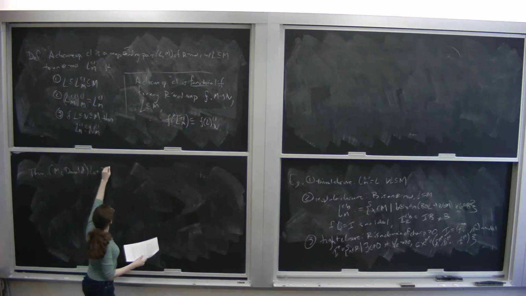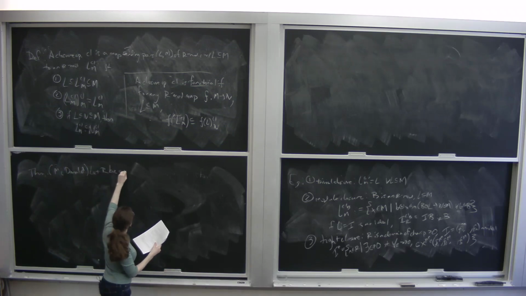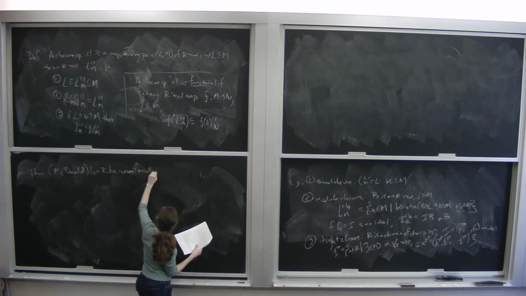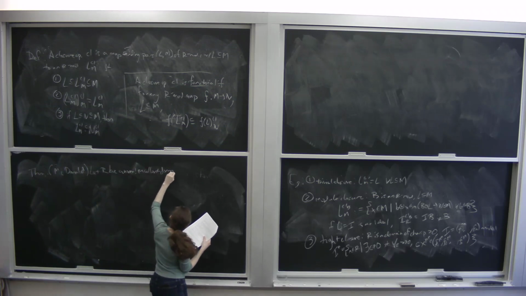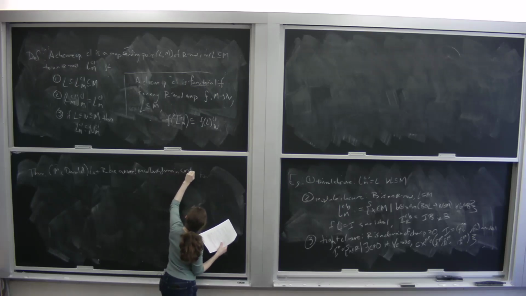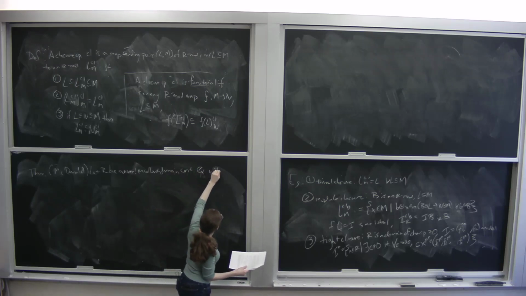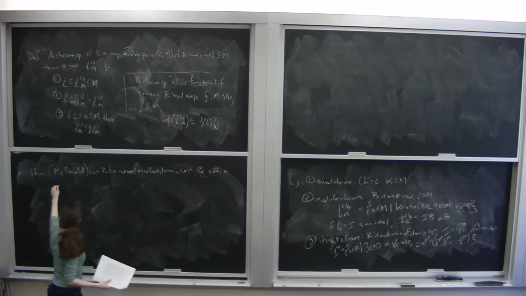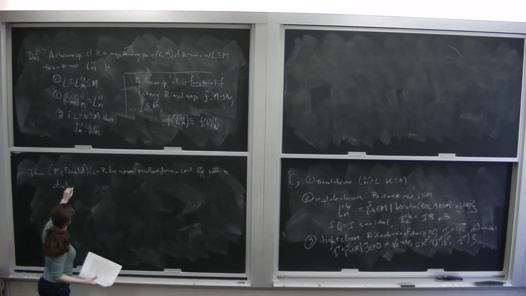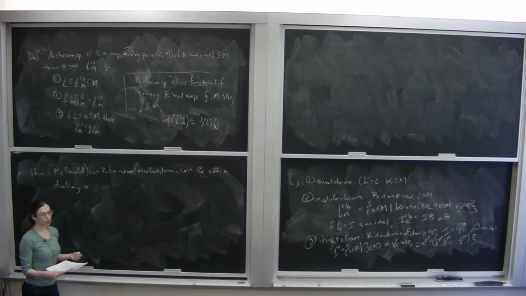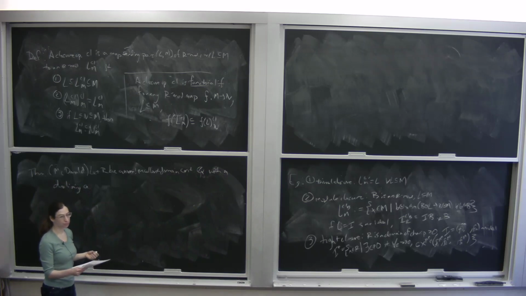So let R be a normal, excellent domain containing Q. And we need it to have a dualizing complex. It's like a canonical module if you can't get a canonical module.